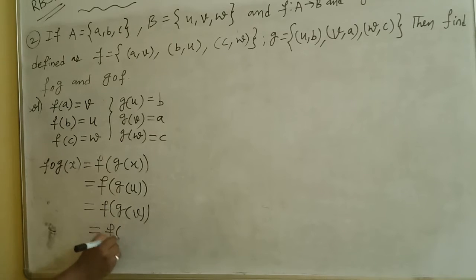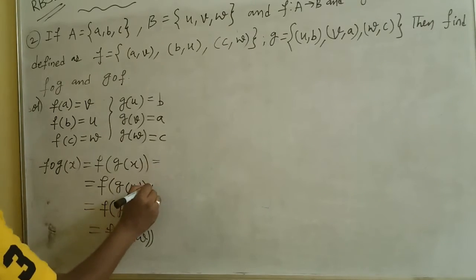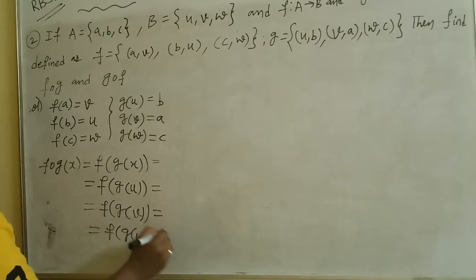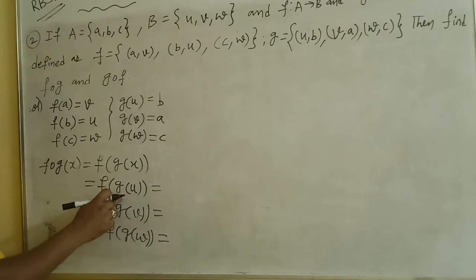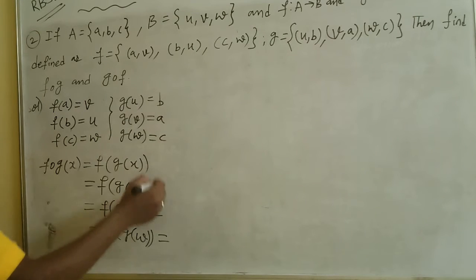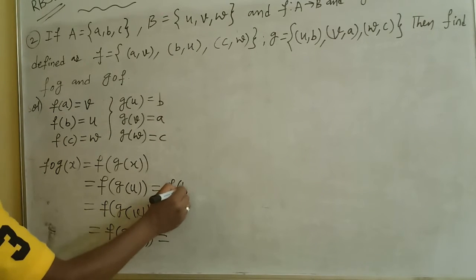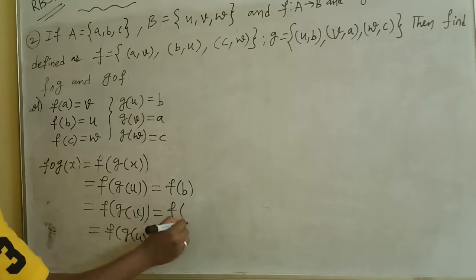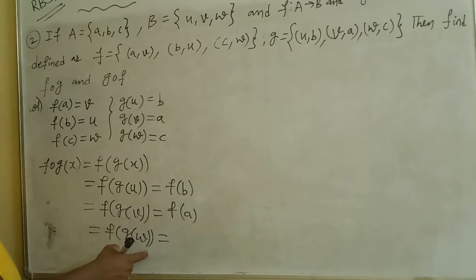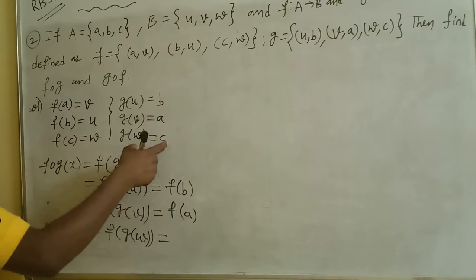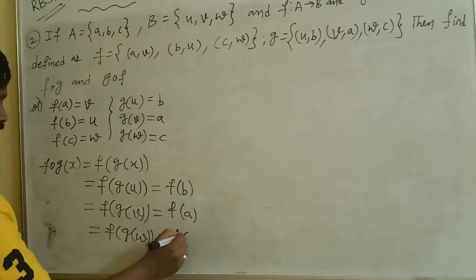Another one, F of G of w. Equal to. Now this G of x is not required, so from G of u onwards. So now G of u is nothing but b, so F of b. F of G of v is nothing but a, F of a. G of w is nothing but c, so F of c.